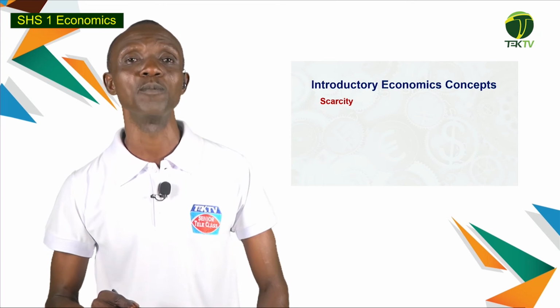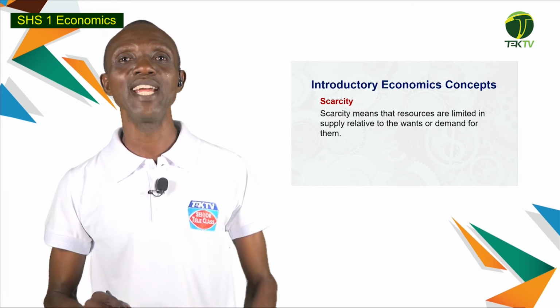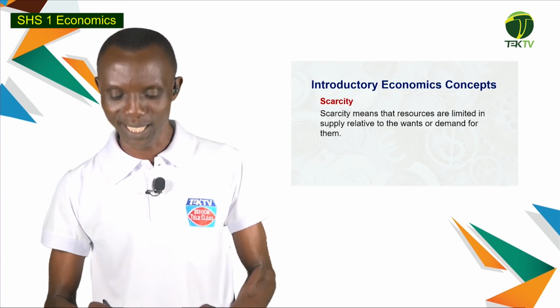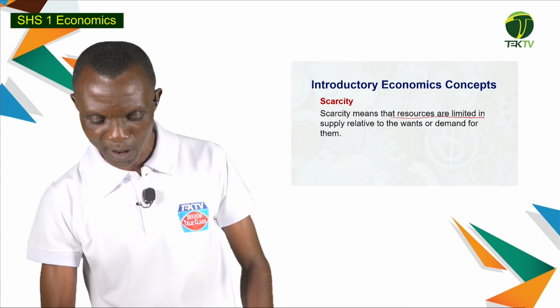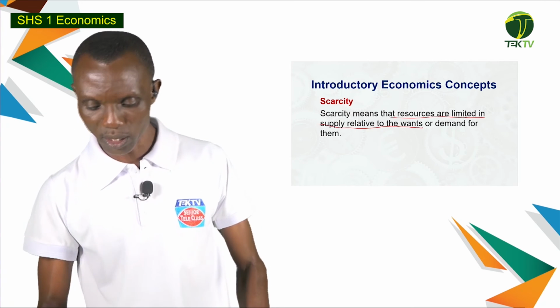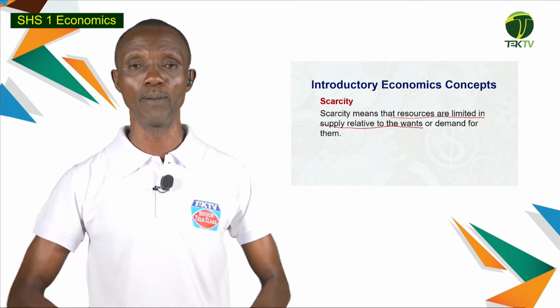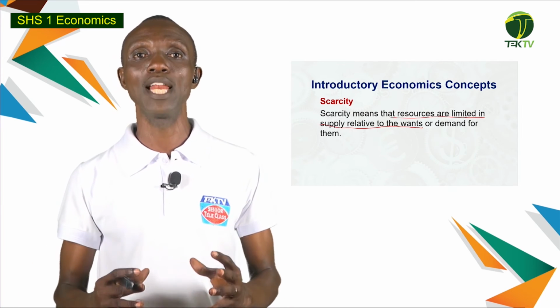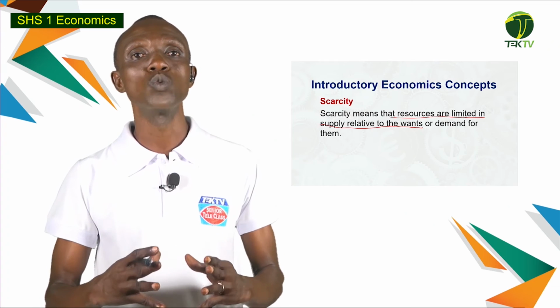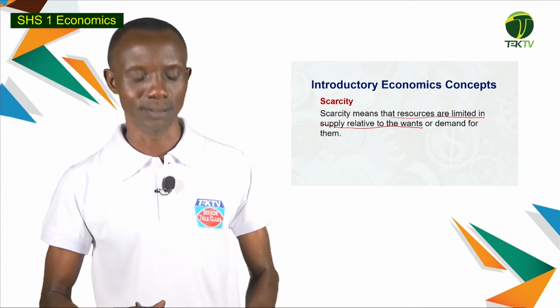And what is scarcity? Scarcity means that resources are limited in supply relative to wants or relative to the demand for them. Good. So the limitedness of resources in relation to the demand for them is what is referred to as scarcity.